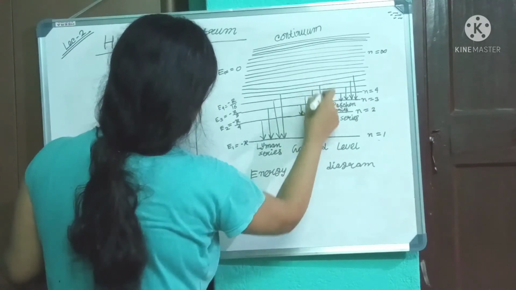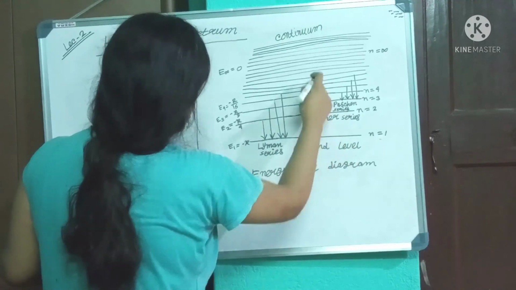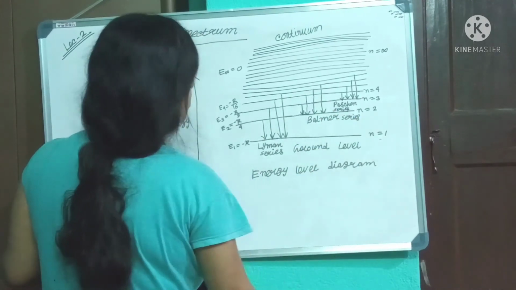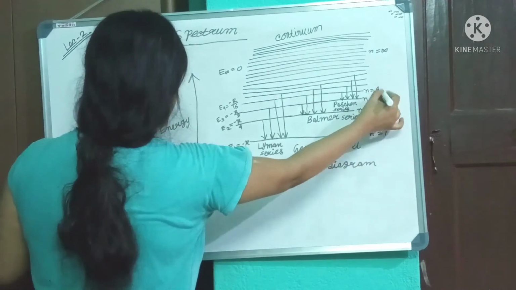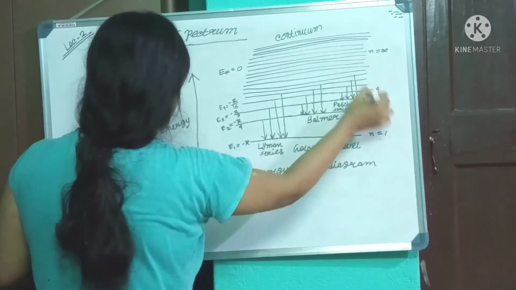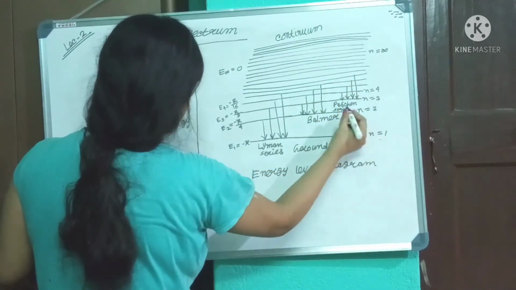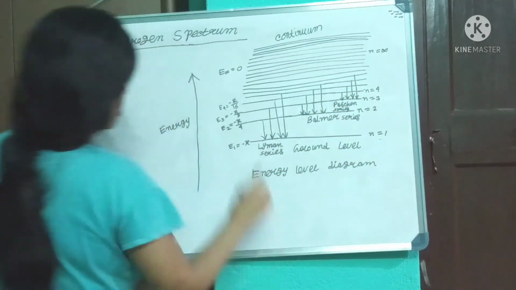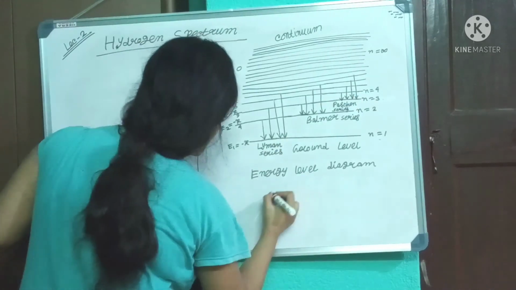Similarly, from a higher state to the n equals 2 state, we get the Balmer series. And whenever the electron makes a transition from n equals 4, 5, 6 or any higher state to the n equals 3 state, we get the Paschen series. So depending on the values of nf, we get different kinds of series.